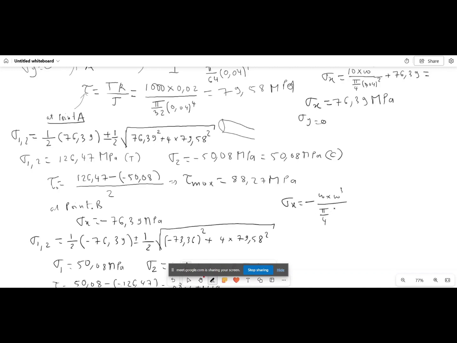Pi over 4, diameter 0,4 square. Minus, this is plus, sorry. This is positive. Minus 76,39.